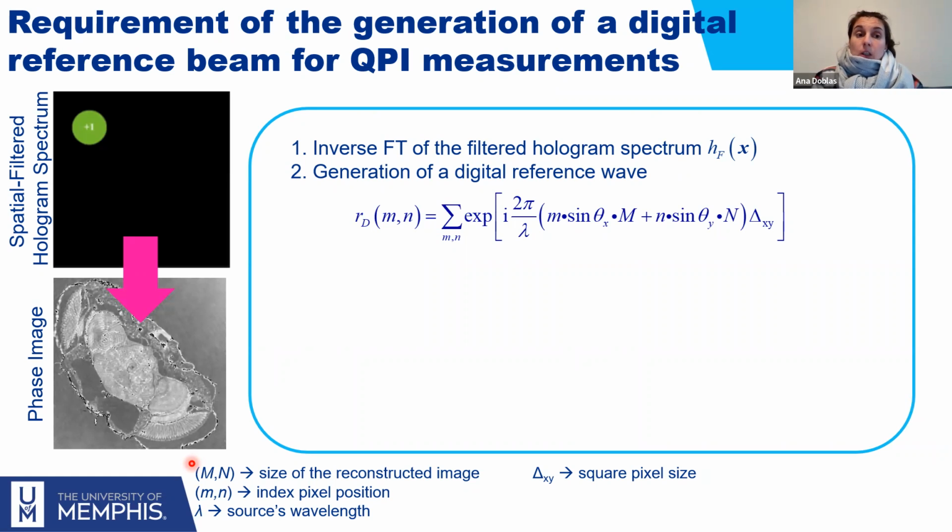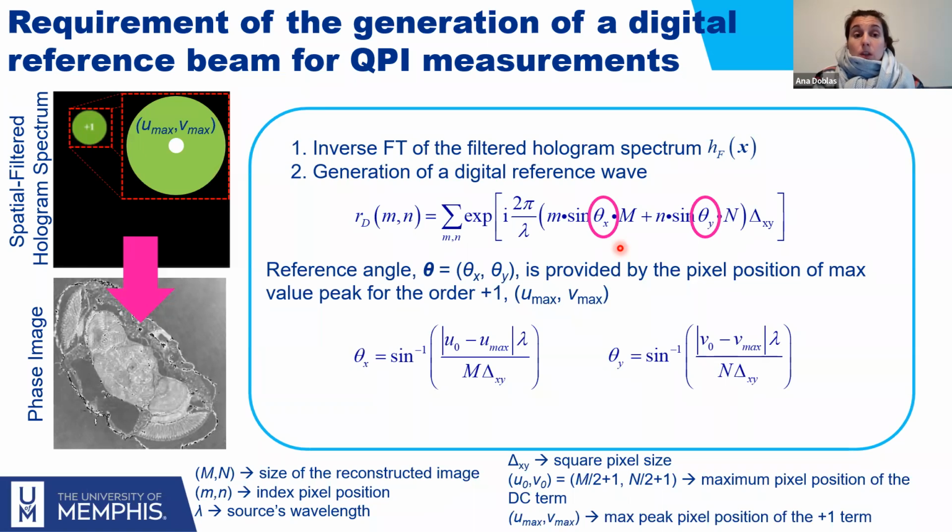We have here the filtered spectrum, and then we go to the space domain, and that complex amplitude information gets multiplied with a digital reference wave. This digital reference wave is just a replica of the physical reference wave, but what we need to know is the angle between the object and the reference.